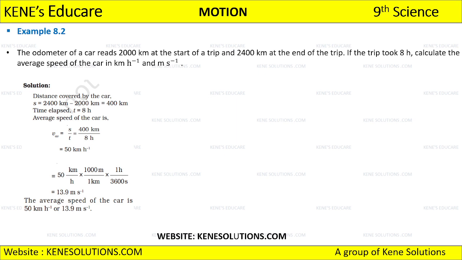I hope every one of you is going through it, because here we have the information on converting kilometer per hour to meter per second as well. So you should know this as well, okay? Please go through it, everyone.